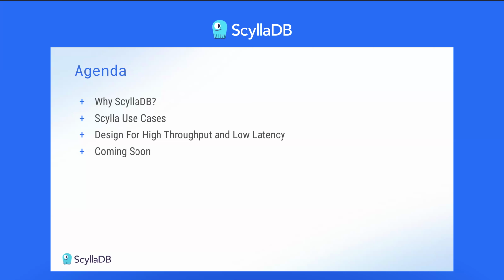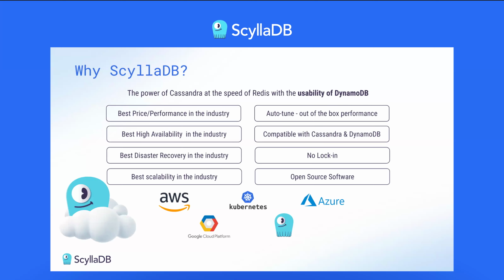And then, as time permits, I will switch to a few features from our roadmap. Some of them already landed in open source. Some of them will soon land in open source and enterprise, like tablets. And then we're going to do a quick summary and Q&A. So with that, let me switch to Attila, and I will be back soon after.